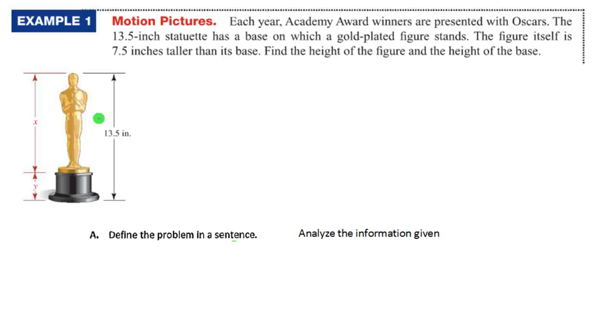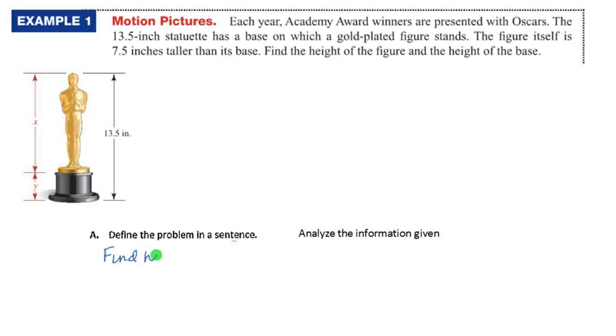So we want to find how tall this base is, and we also want to find how tall this gold statue part is. So that's the problem in a sentence.